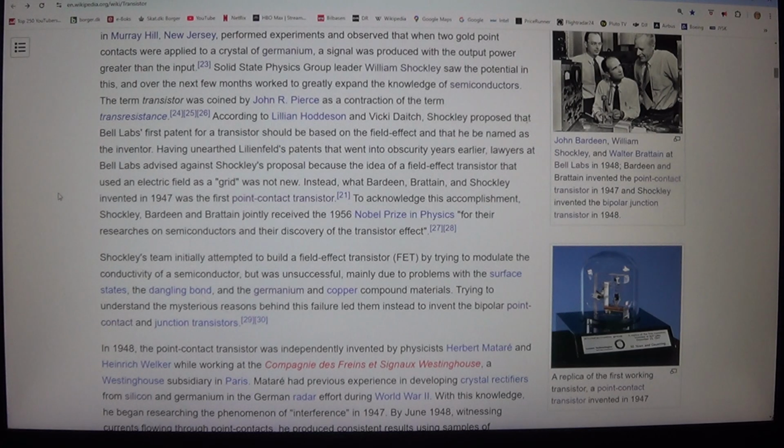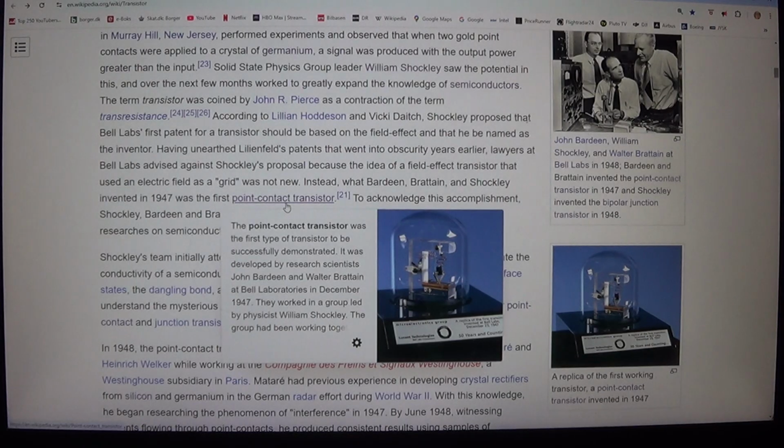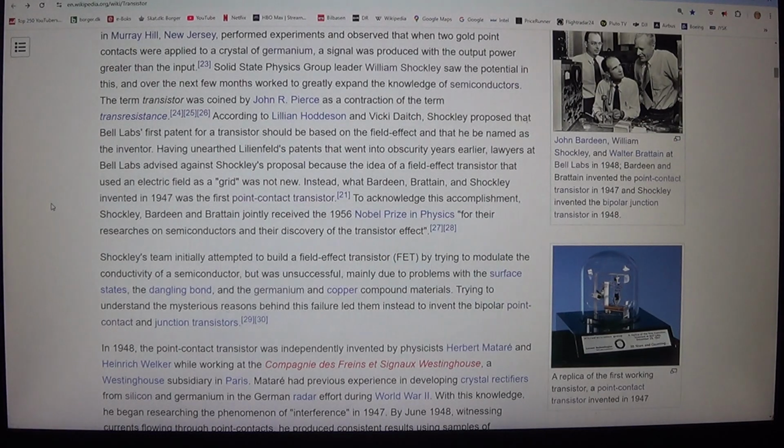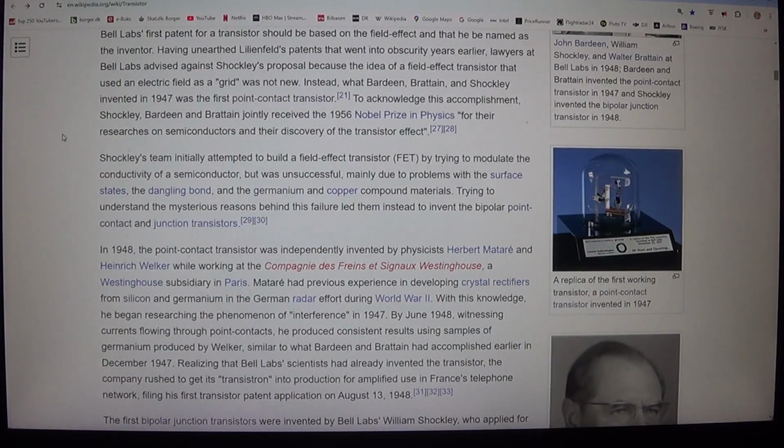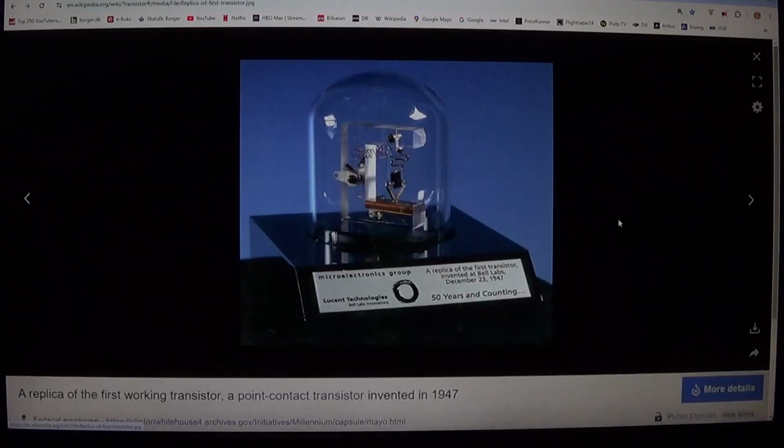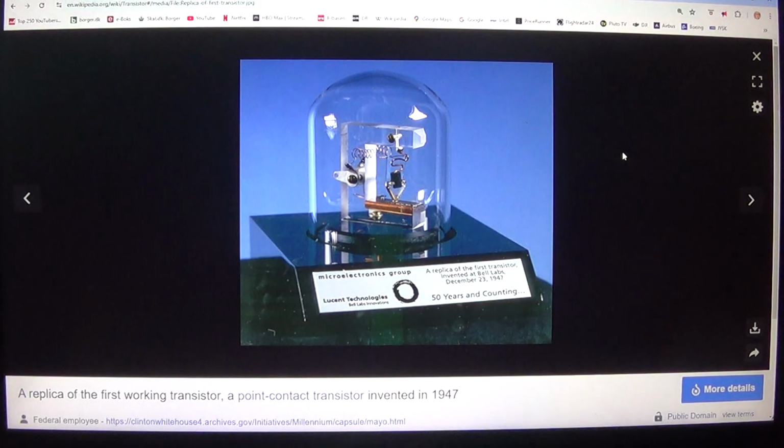Instead, what Bardeen, Brattain, and Shockley invented in 1947 was the first point contact transistor. To acknowledge this accomplishment, Shockley, Bardeen and Brattain jointly received the 1956 Nobel Prize in Physics for their researches on semiconductors and their discovery of the transistor effect.